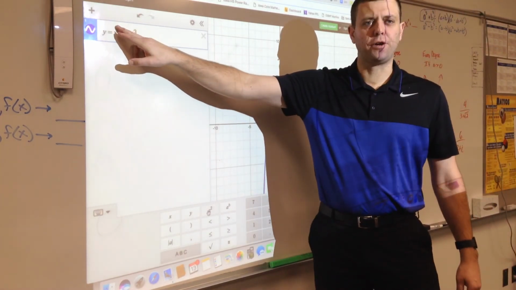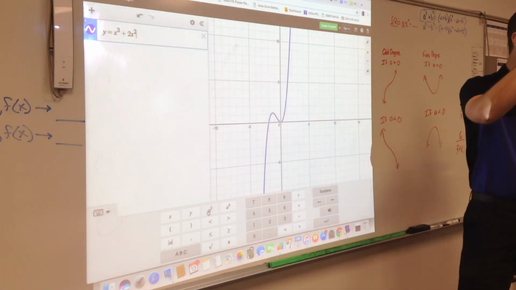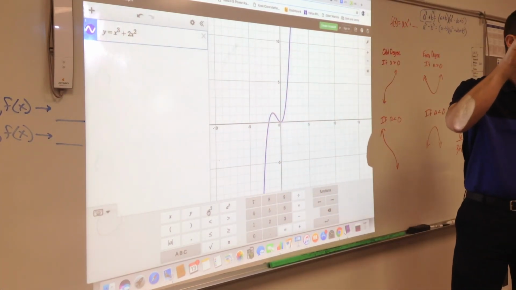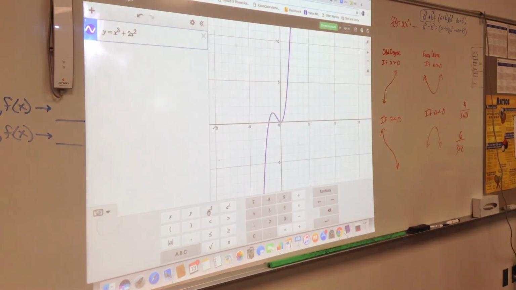An x to the third polynomial, or an x cubed, a cubic polynomial, will never have more than two turns. An x to the third polynomial can never have more than two turns. Now, an x to the fifth can have more than that.